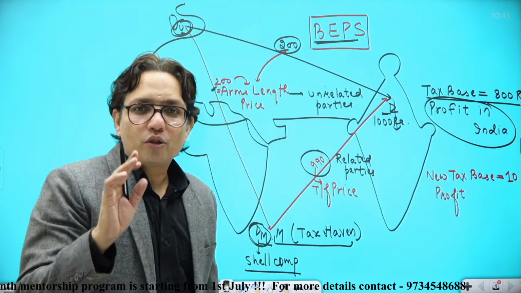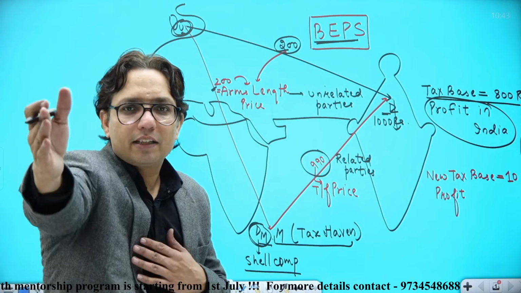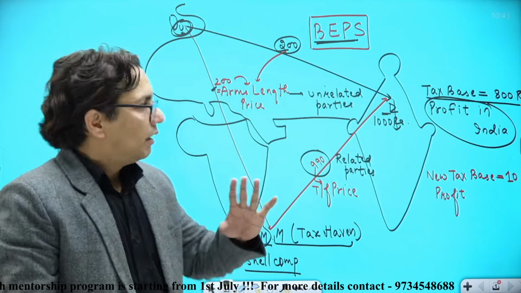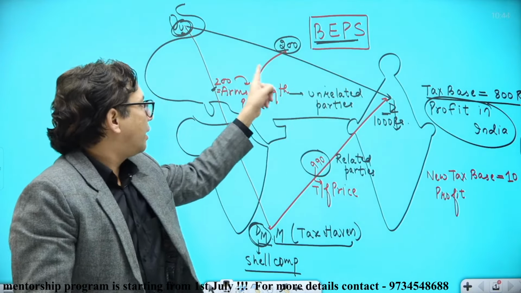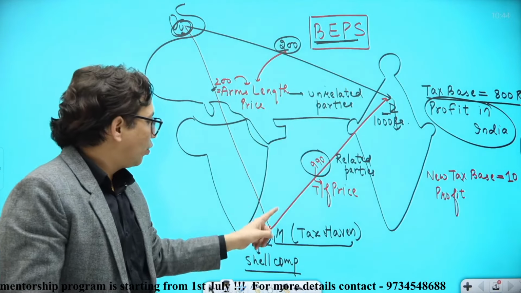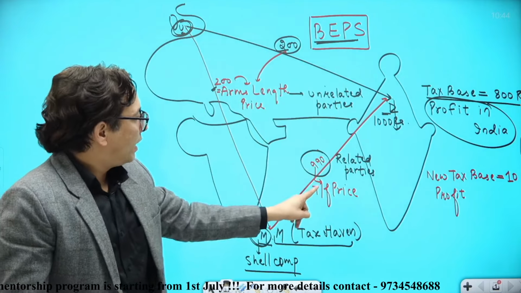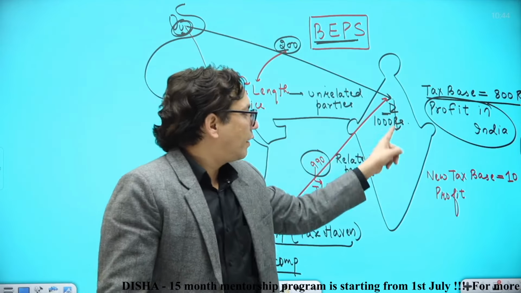Look, suppose I do not know you. In that case, I am going to maintain a distance of one arm from you. So remember it like this: transaction between two unknown parties, arm's length price. Transaction between two related parties, transfer price. So now D imports from DM at 990 rupees and sells in India for 1000 rupees.